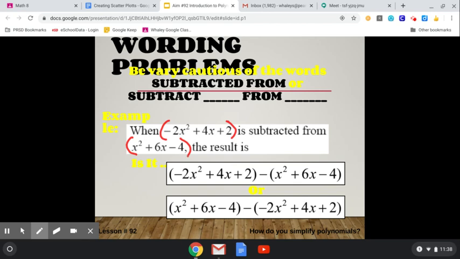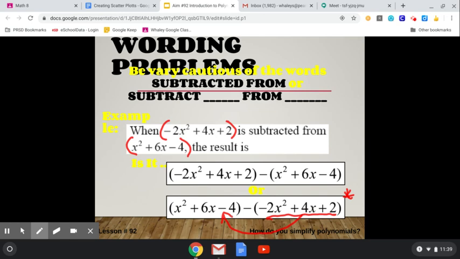So it looks like I'm going to be subtracting negative 2x squared plus 4x plus 2 from x squared plus 6x minus 4. So that means it's going to be this one, because this is getting subtracted from this thing here. So even though it's not written in that order when we read the problem, that's actually the order that you're going to write it in when you set it up.